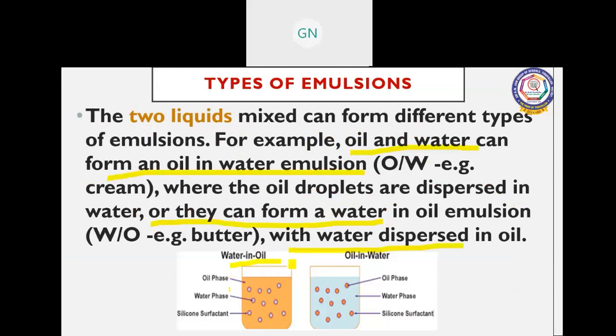So it is oil, water in oil, oil in water. So these are the types of emulsion, and we know the different types of emulsion are oil in water and water in oil.